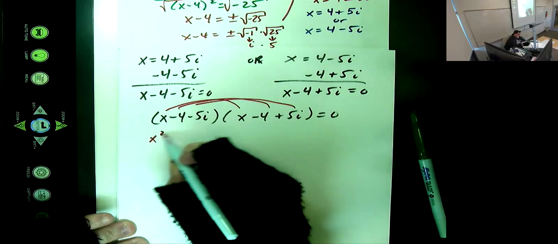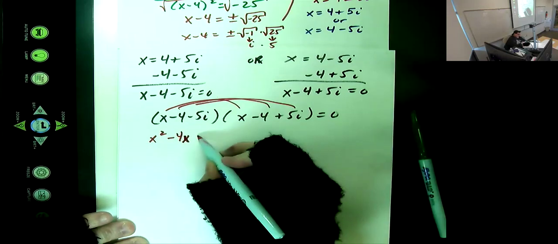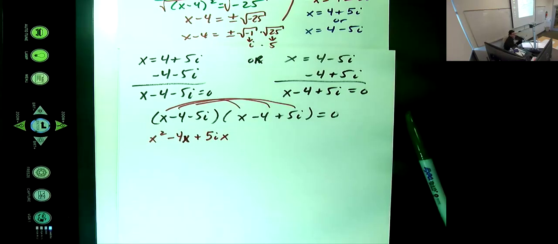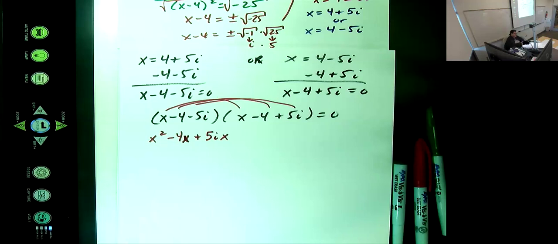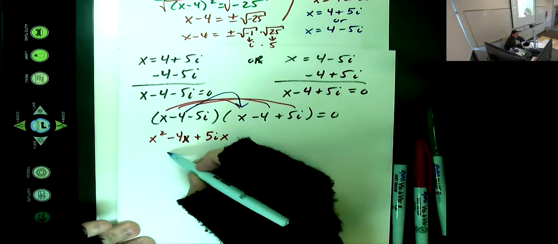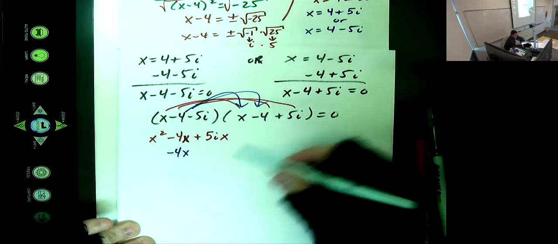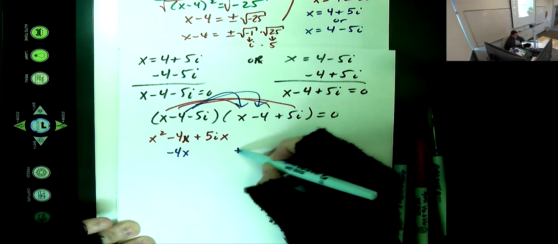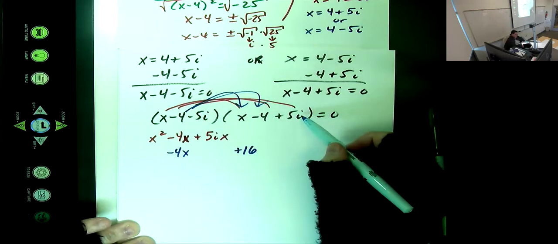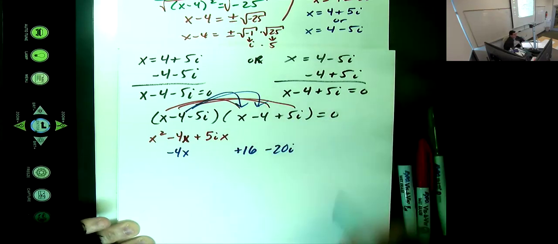I have x squared minus 4x plus 5ix. Then I will do the -4. -4 times x is -4x. -4 times -4 is 16. I don't have a constant number yet. And -4 times 5i is -20i. I don't have just an imaginary number yet.